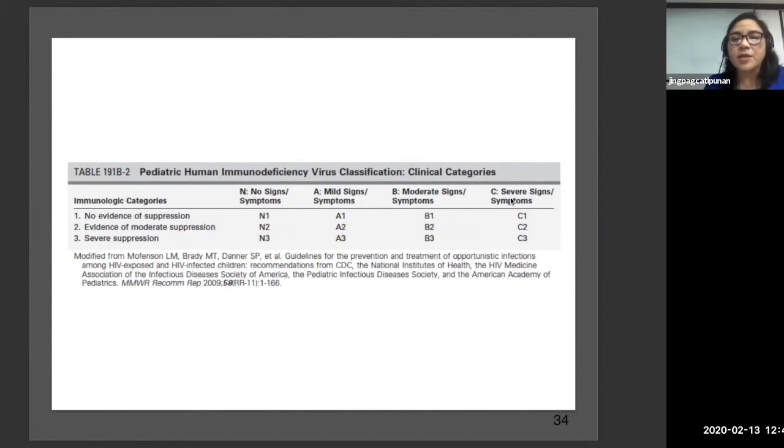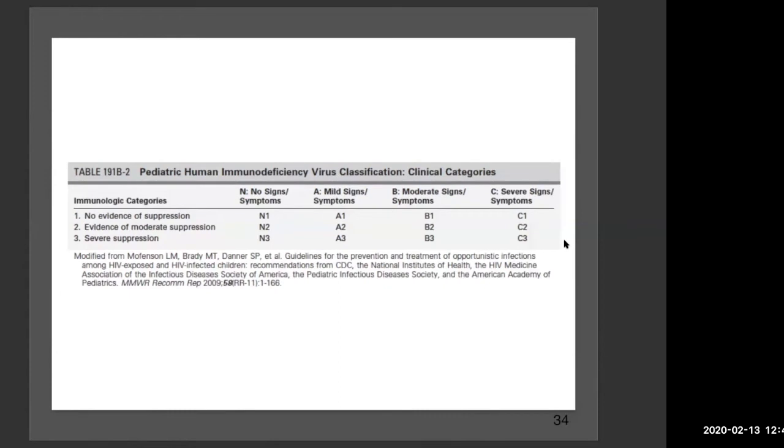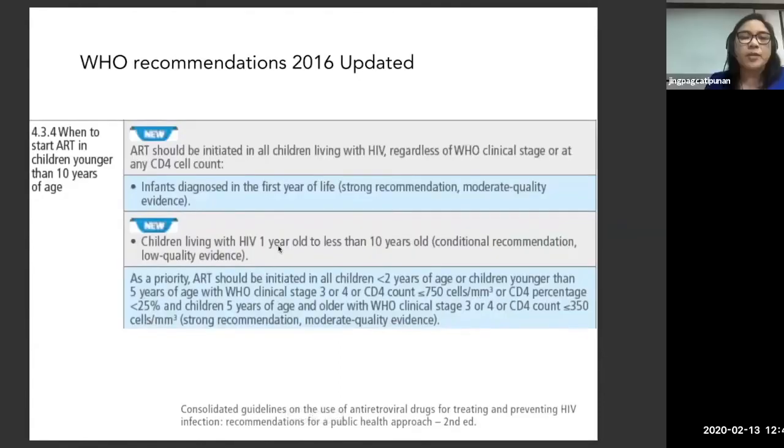So if they have the severe signs and there's no evidence of suppression, it's still C1. But basically, the update is that once they are diagnosed, they have to be given the drugs right away, and the priority is for children in the first year of life.